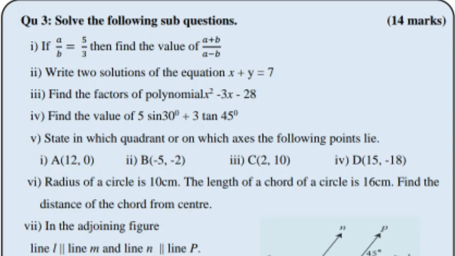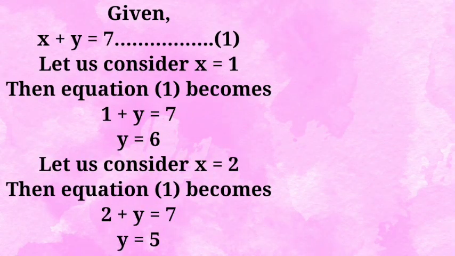Now next question. Write two solutions of the equation x plus y is equal to 7. So friends, given that x plus y is equal to 7, mark this equation as 1. Now let us consider x is equal to 1. Then equation 1 becomes 1 plus y is equal to 7.